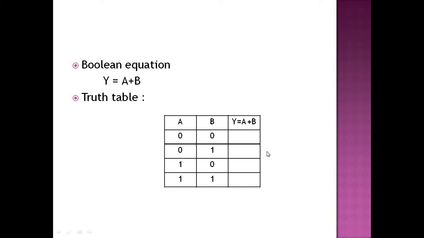Depending on the combination, output Y is produced. In the first combination A equals 0, B equals 0, so we get the output Y equals 0. When we apply A equals 0, B equals 1, one of the inputs is 1, so the output Y becomes 1. In the next combination A equals 1 and B equals 0, so the output of the OR gate is 1. And if both inputs A and B are 1, then output Y is equal to 1.